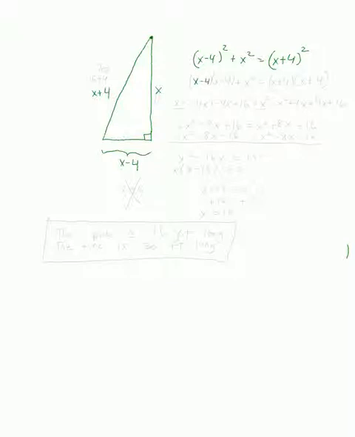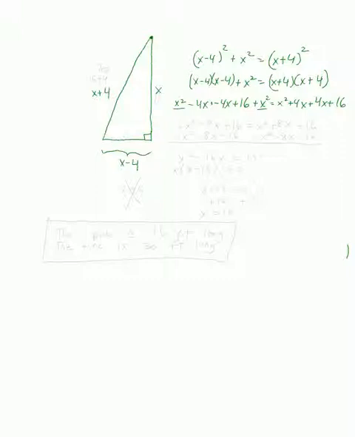So this is x minus 4 times x minus 4 plus x squared equals x plus 4 times x plus 4. If we use FOIL, we get x squared minus 4x plus 16 plus x squared equals, and then x squared plus 4x plus 16.